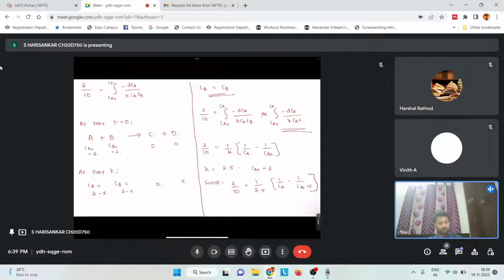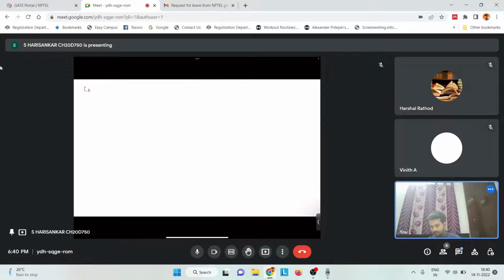So rearranging this, 1 by 2 is equal to 1 by Ca minus 1 by 2. Or in other words, Ca will be equal to 1. So now we have Ca is equal to 1.